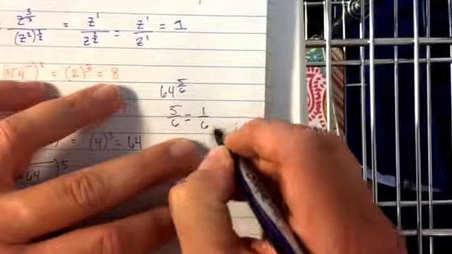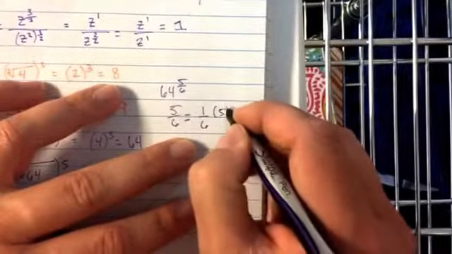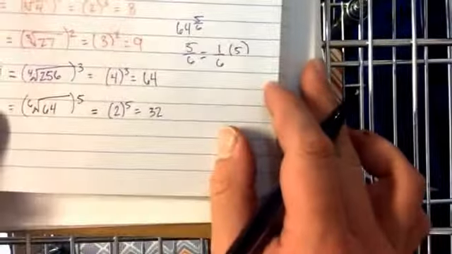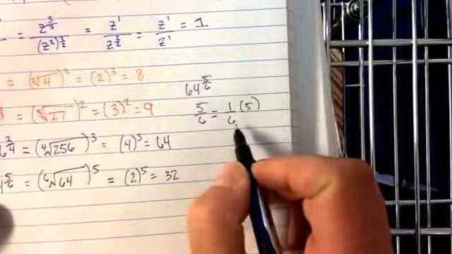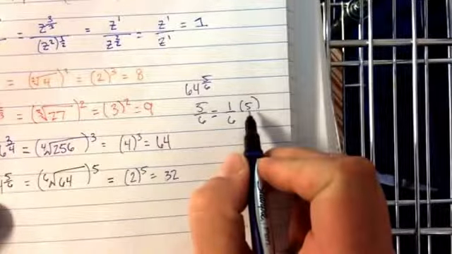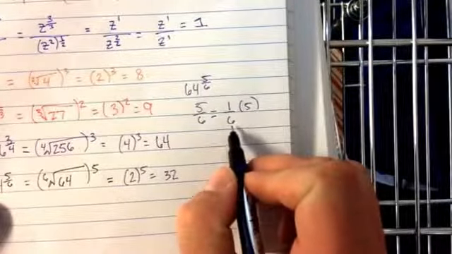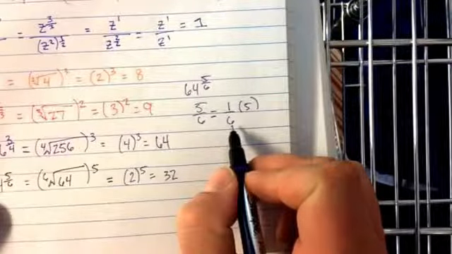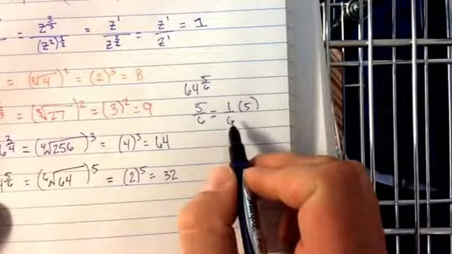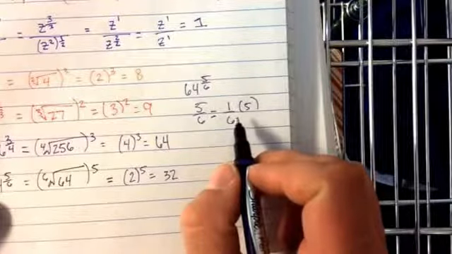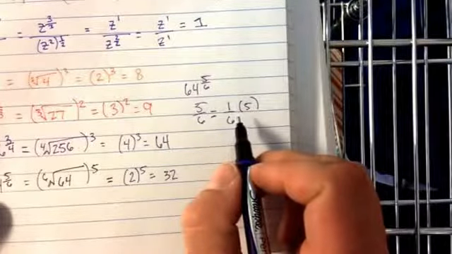That'd be 1/6 times 5, right? So this is our numerator, which is our exponent, and this is our index and our denominator. So this is the 1/6 power. Does that clear that up?